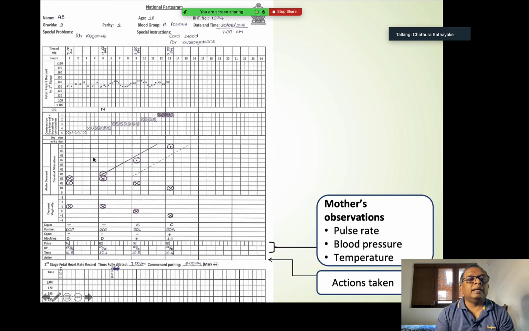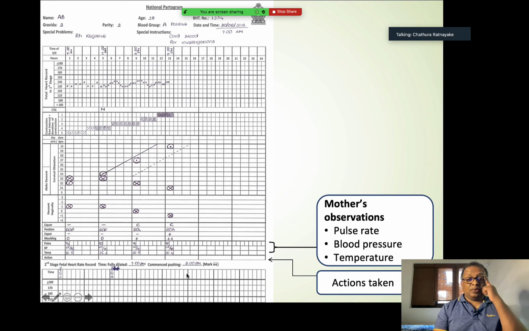And then this bit is actually for the first stage. In the second stage, before writing you need to note down the time of full dilatation, and then traditionally we would allow about 1 hour, but the newer teaching is not to allow 1 hour for the head to descend, but to start pushing immediately the moment you note it.